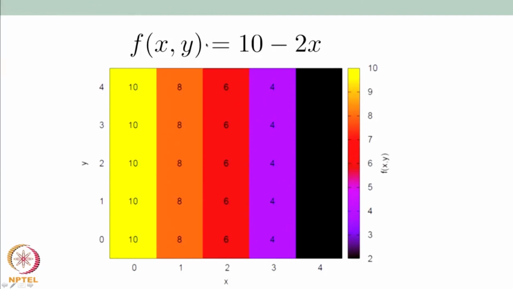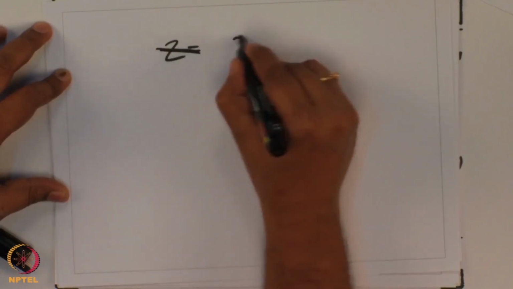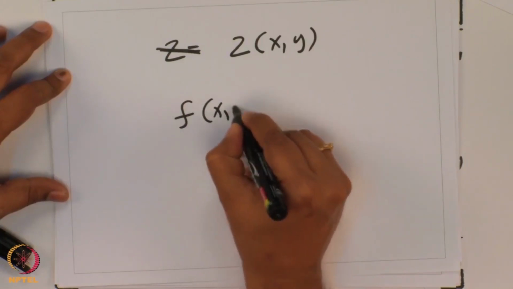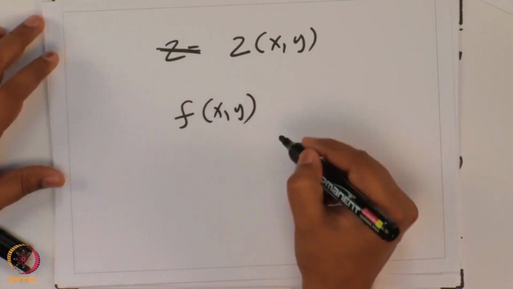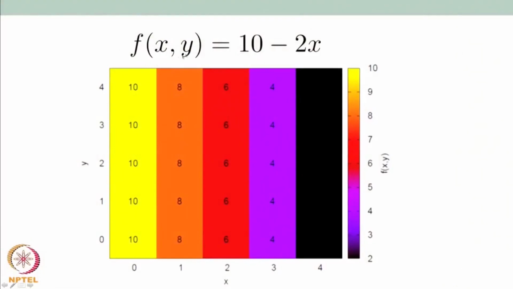We said there are different notations possible: z as a function of x and y, or f as a function of x and y. There are different ways of representing it. The function we are interested in is 10 minus 2x. If I plot it in 2D, it will look like this.